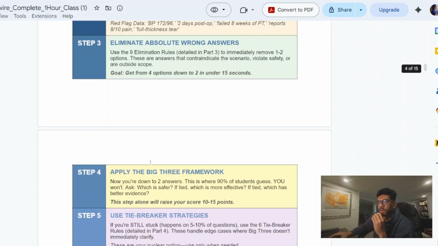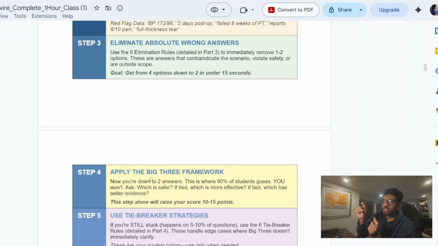So that's step 3. Now you are coming into step 4: apply the Big 3 framework. Now you're down to these 2 answers. This is where 90% of students start guessing, going with a gut feeling. So you ask which is safer here. If tied, which is more effective? If tied, which has better evidence?